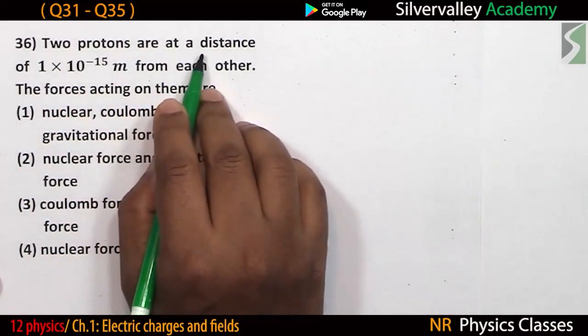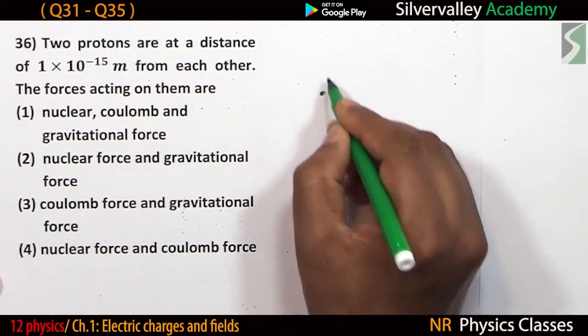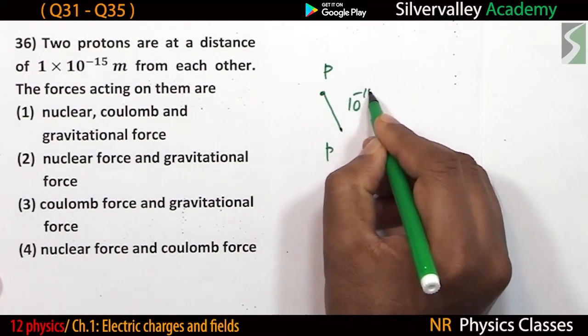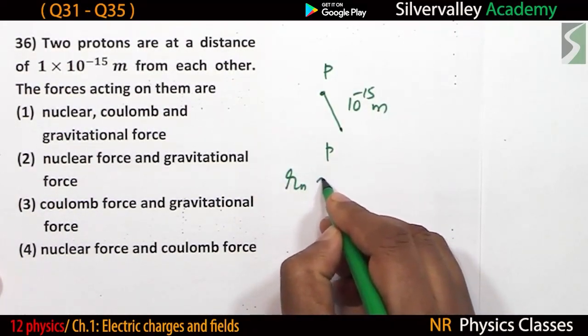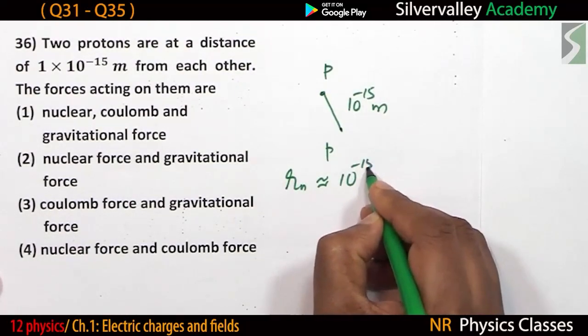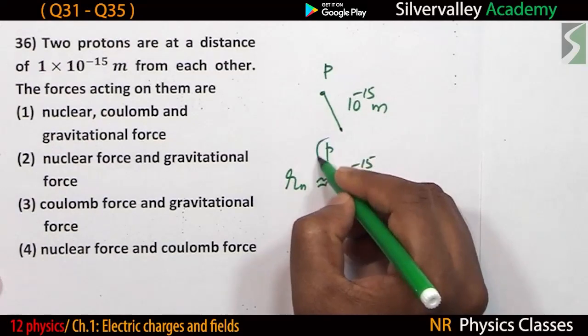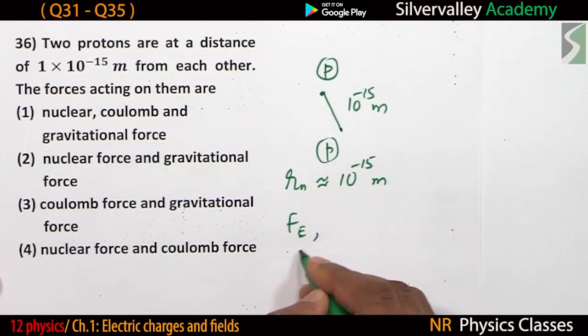Two protons are at a distance 10 power minus 15 meter. The distance between these two is 10 power minus 15 meter. Nuclear radius is of the same order. Therefore, between two charges there is electrostatic force or Coulomb's force.